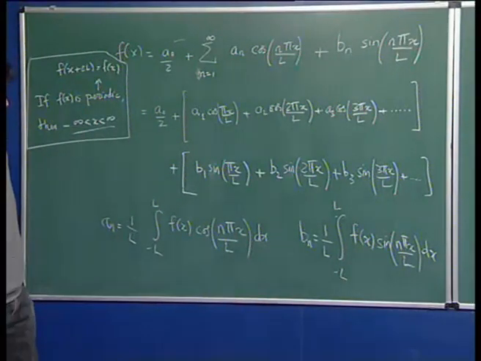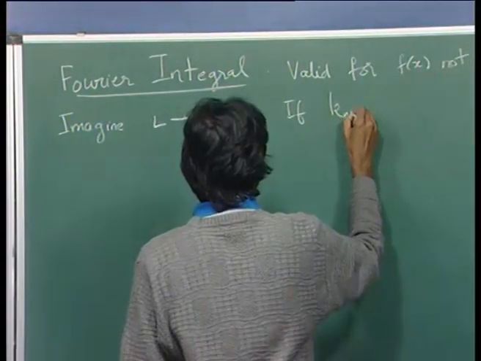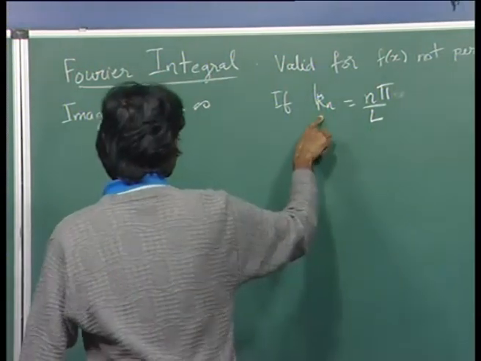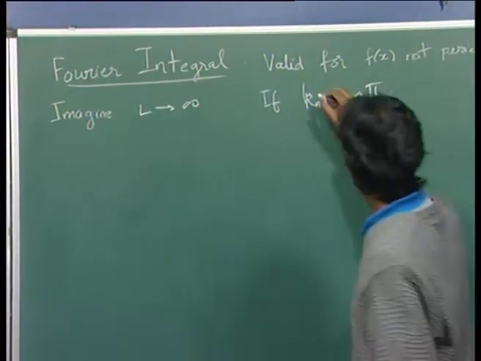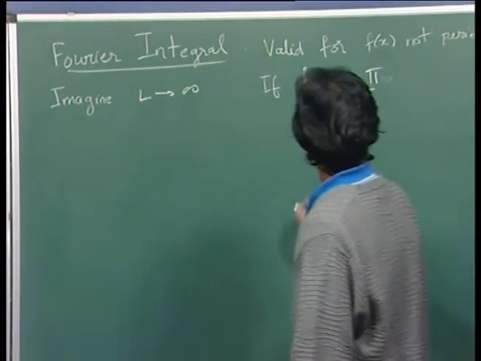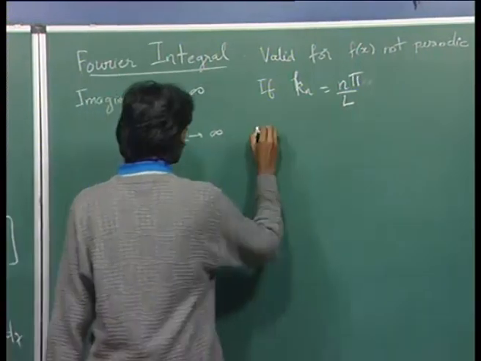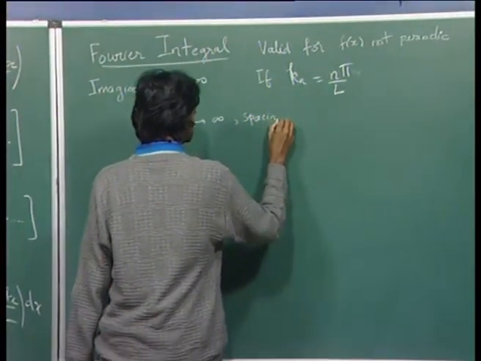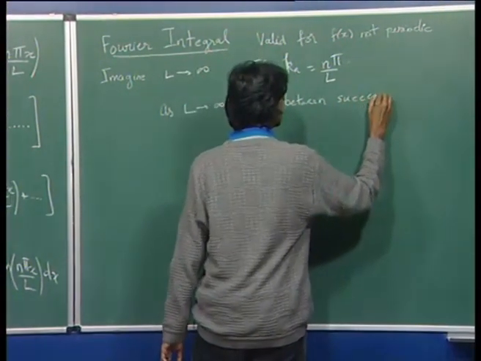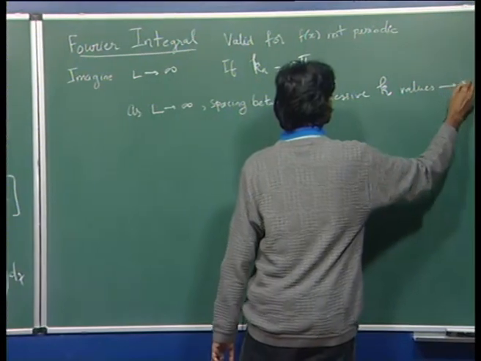If you denote n pi by L by k n, then what happens is that as L tends to infinity, the spacing between successive k values tends to 0.